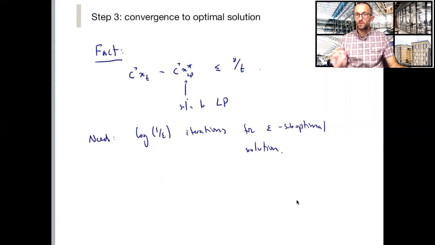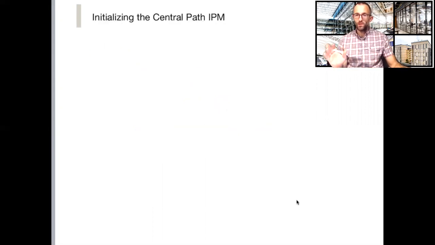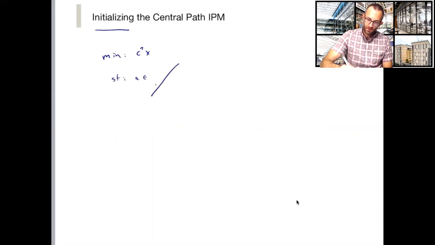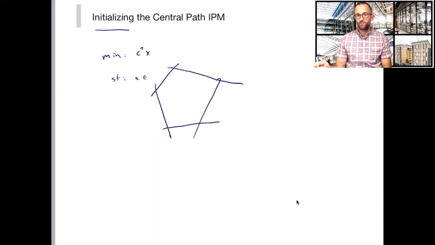There are several details left. I'm not going to go over all of them, but one important question is, how do we initialize this method? Our picture here for LP: we have some feasible set.